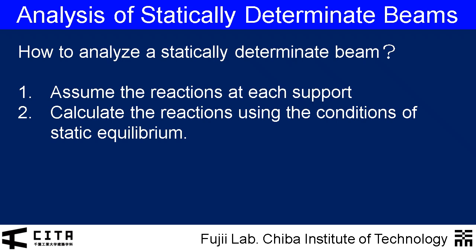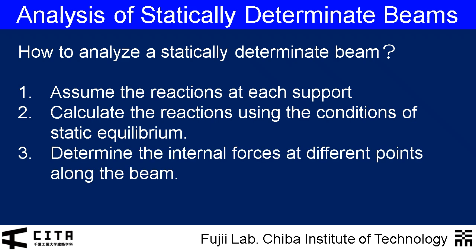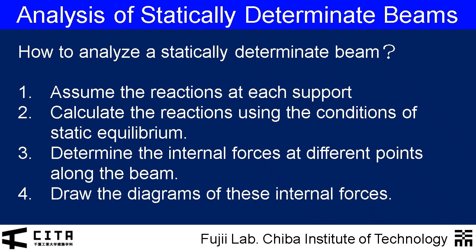Next, we calculate the reactions using the conditions of static equilibrium. Next, we determine the internal forces at different points along the beam. Finally, we draw the diagrams of these internal forces. This completes the analysis of a statically determinate beam.